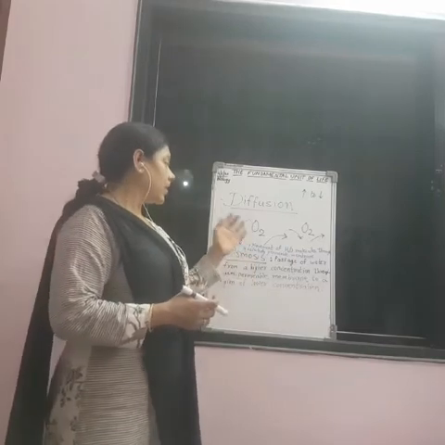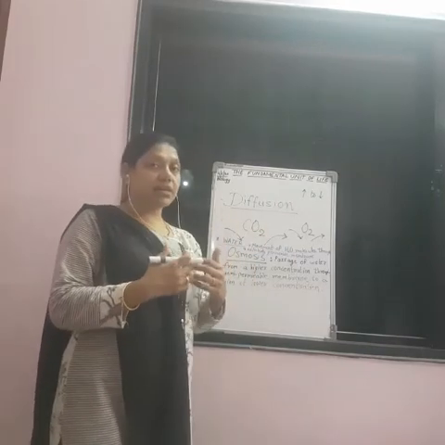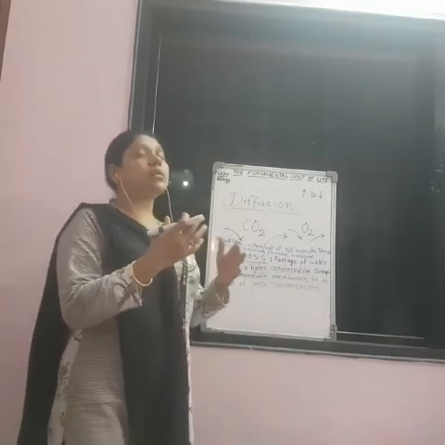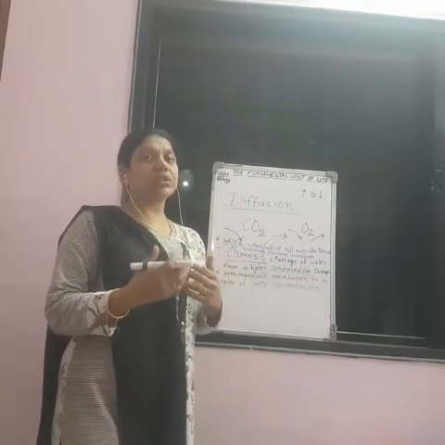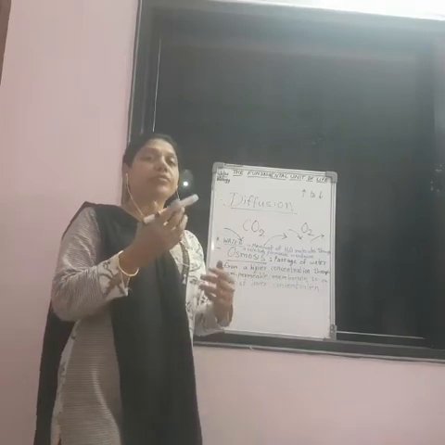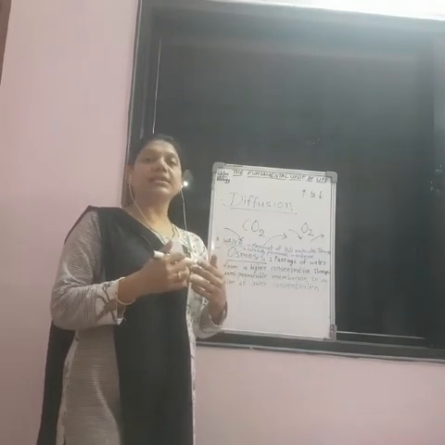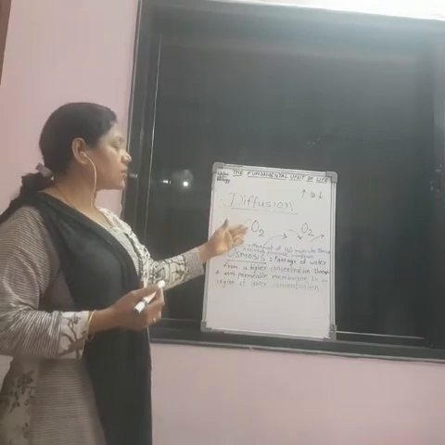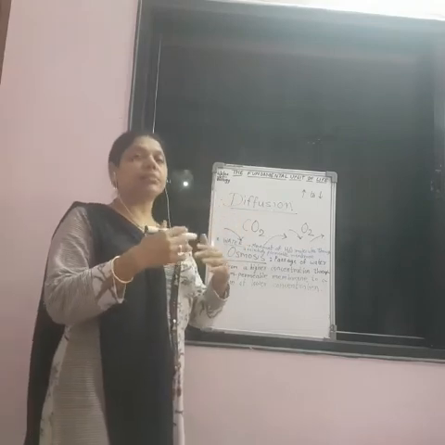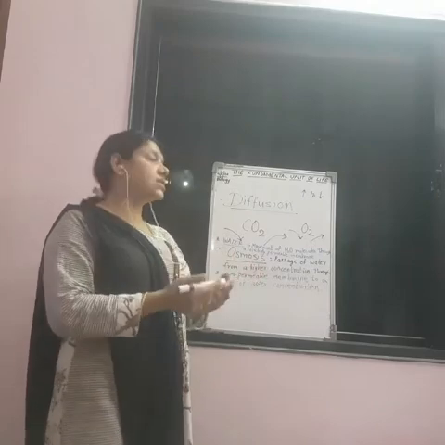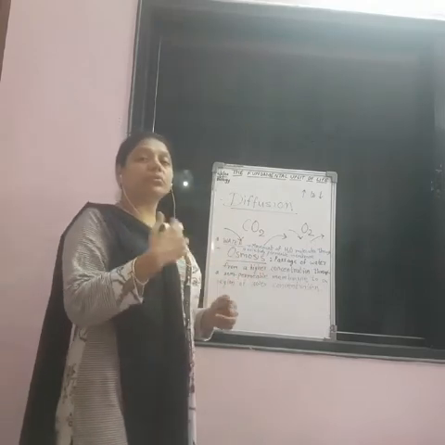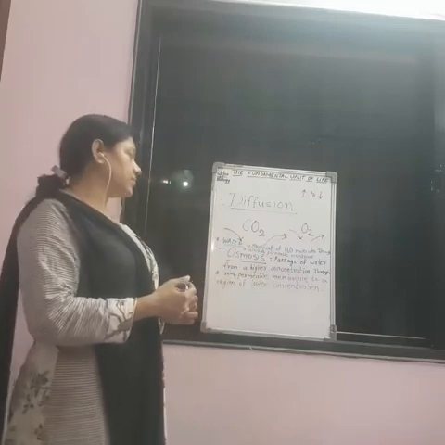So, when the concentration inside is higher and outside it is lower, when there is a proper difference between the concentration of the carbon dioxide inside the cell and outside the cell, the carbon dioxide from the higher concentration, that is from the cell, moves out towards the outside of the body through to the lower concentration.